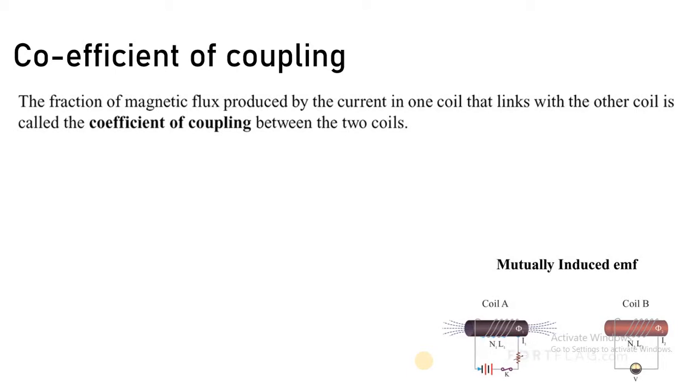The fraction is 0.5, that is half. So this 0.5 is the fraction which is called the coefficient of coupling between two coils.